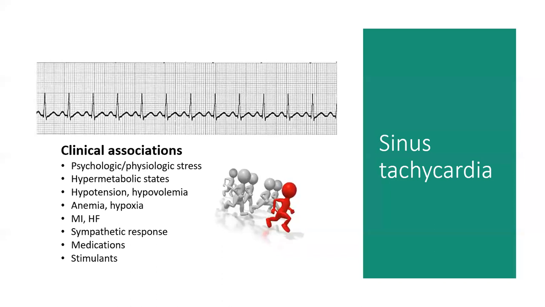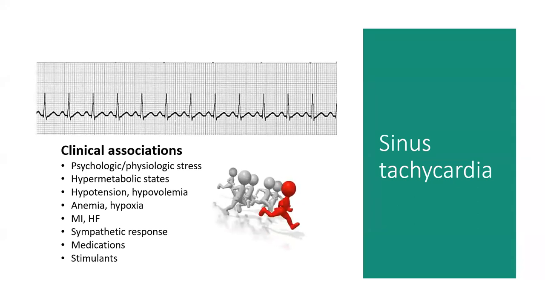If they're breathing very, very hard and they're not getting air, sometimes you can request for the patient to be put on oxygen. Hypermetabolic states, hypotension, hypovolemia, anemia, hypoxia, MI, heart failure, sympathetic response, medications. So if we give atropine inappropriately, think about it.